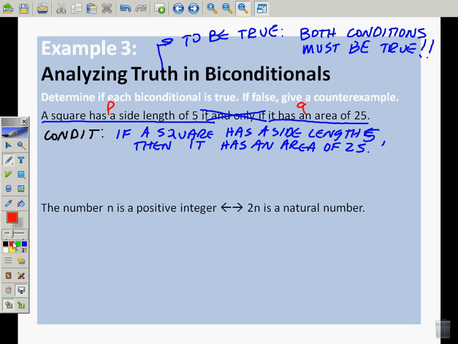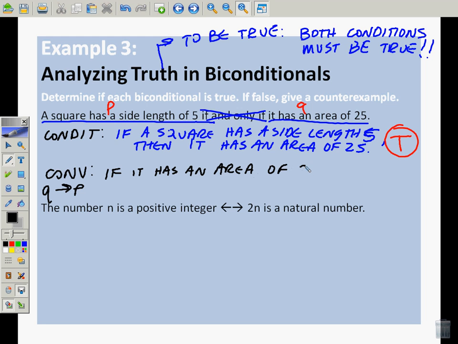to the converse. If Q, then P. So if it has an area of 25, then it has side length 5.